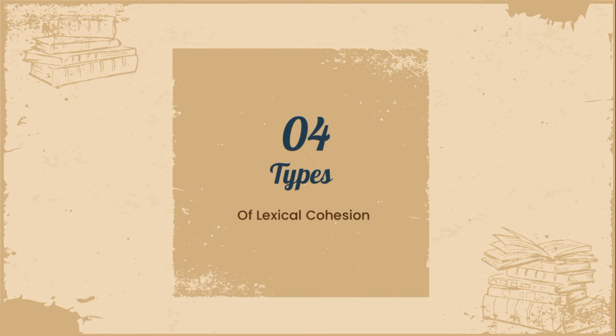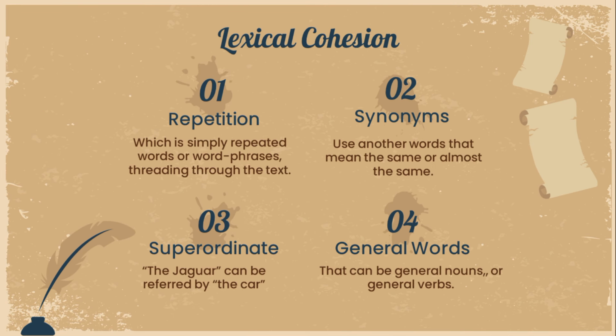The last is number 4, types of lexical cohesion. There are 4 types of lexical cohesion. The first is repetition, which is simply repeated words or word phrases threading through the text. The second is synonyms. Synonym means using other words that mean the same or almost the same.